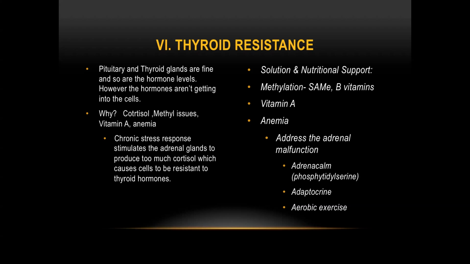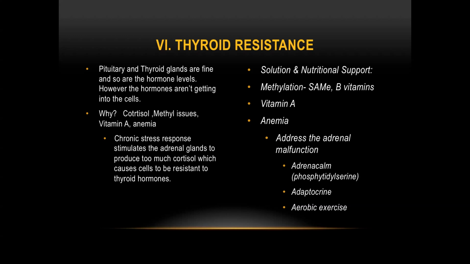The sixth pattern is thyroid resistance. This is when the thyroid panel is within normal limits, but there will be elevated cortisol levels. This is another stress-related pattern in which the pituitary and thyroid glands function normally and make the right amount of hormones, but the hormones are not getting into the cells to take effect.